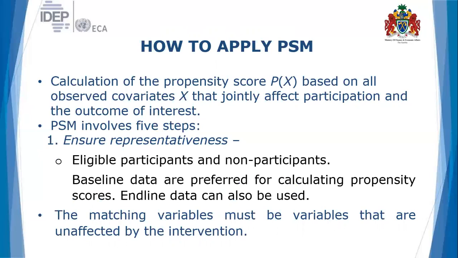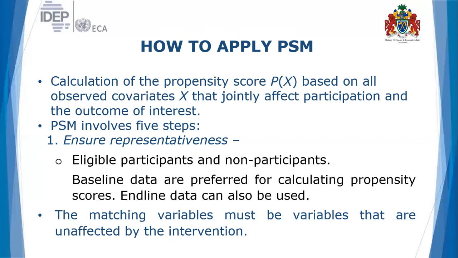Now, propensity score matching technique involves 5 steps. Number 1 is to ensure representativeness: eligible participants and non-participants have to be representative. In other words, baseline data are preferred for calculating propensity scores, but sometimes endline data can also be used.